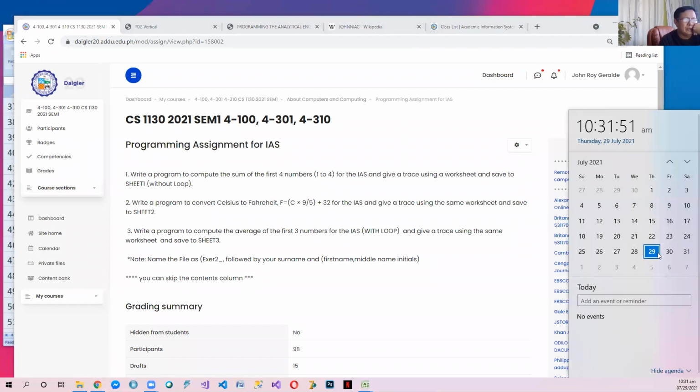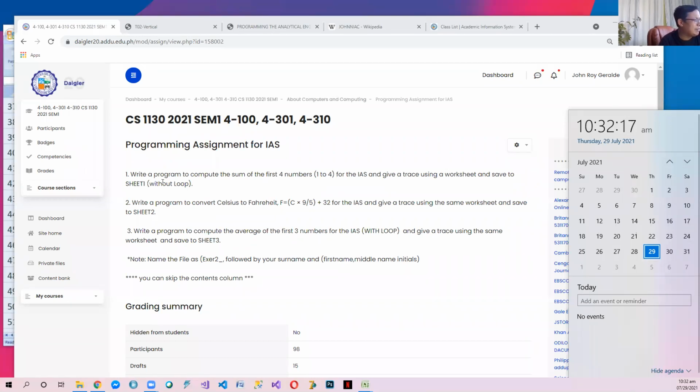We can postpone this until August 5, where we will have our first meeting next week. We may not meet on the 3rd, maybe. We'll meet on the 2nd. We'll not meet on the 3rd because most probably this will be the orientation of the new batch. So we will move this to the 5th.